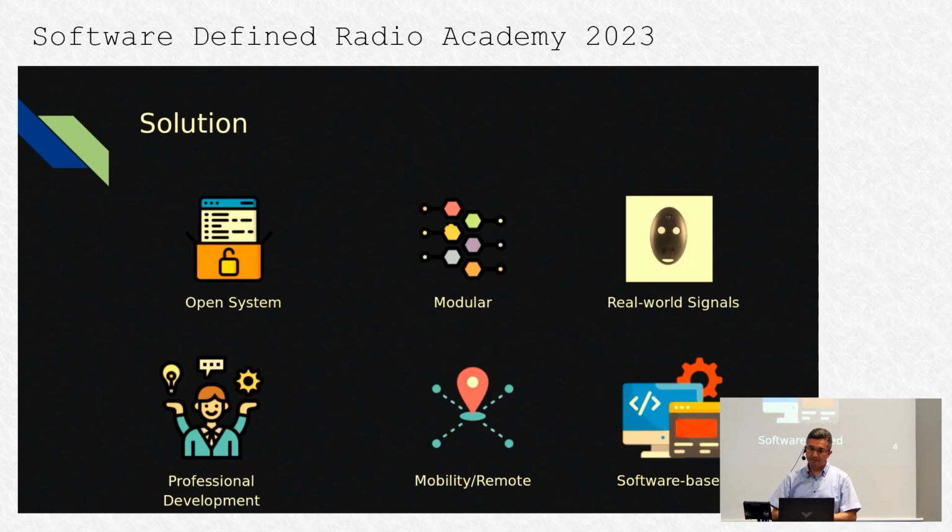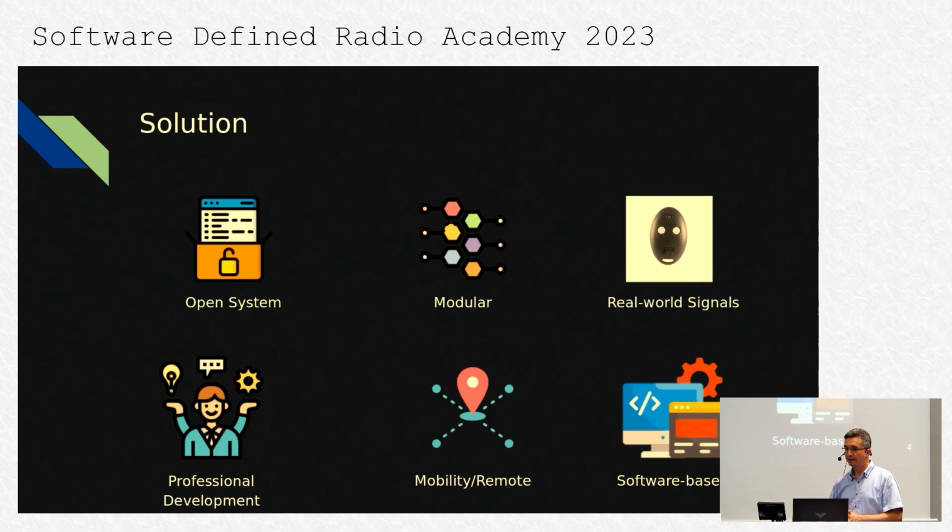So the solution we are looking for should have an open architecture. It should be modular and extensible, should include real-world signals, and should be software-based, also supporting professional development of students. And it should also provide a remote work opportunity.